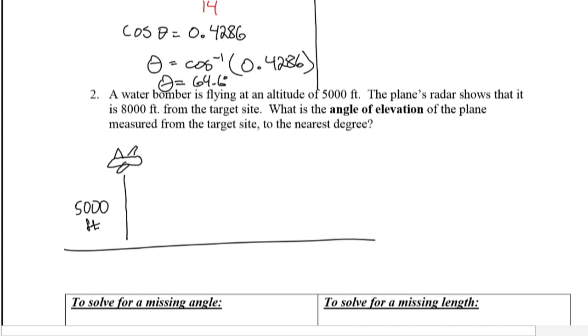The plane's radar shows that it's 8,000 feet from the target site. Here's my target, and it is 8,000 feet from the target site.